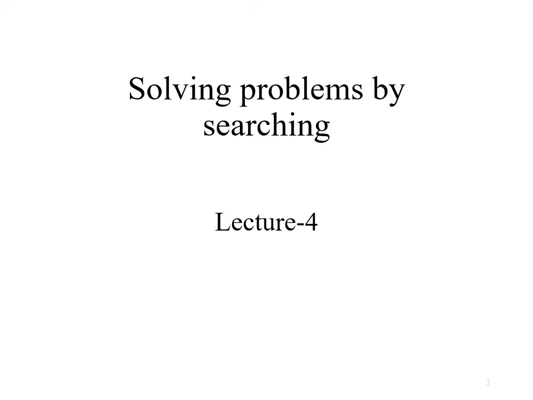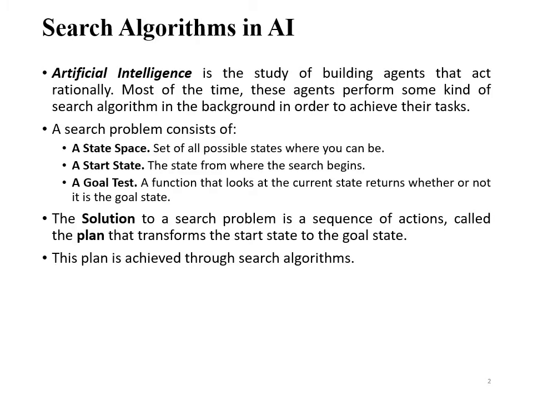Dear student, today I am going to teach you how to solve a problem by using searching algorithms in artificial intelligence. As we know, artificial intelligence is the study of building agents that act rationally. Most of the time, these agents perform some kind of search algorithm in the background in order to achieve their task.